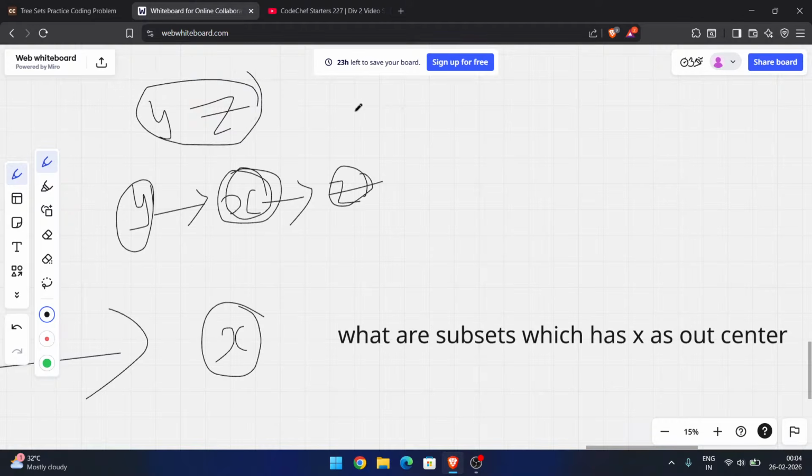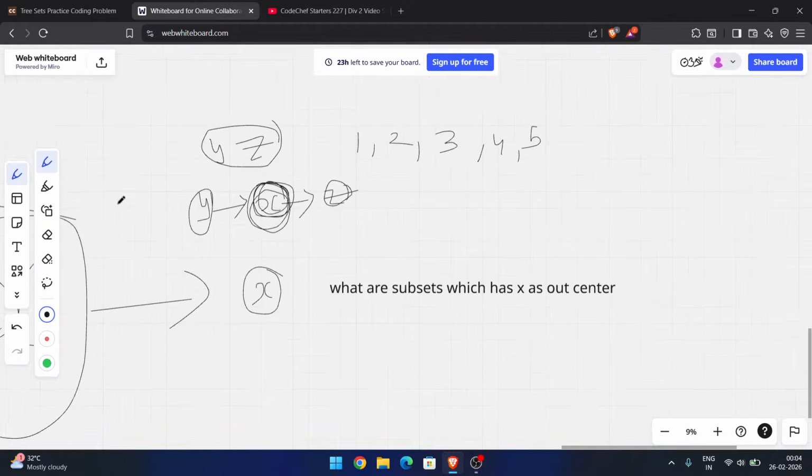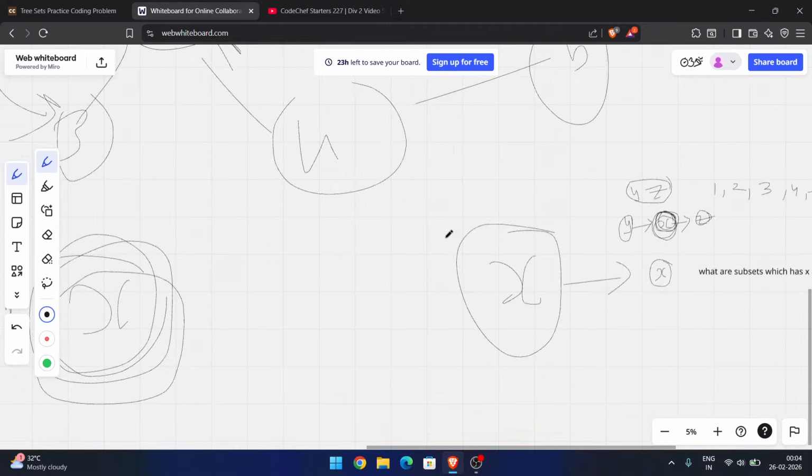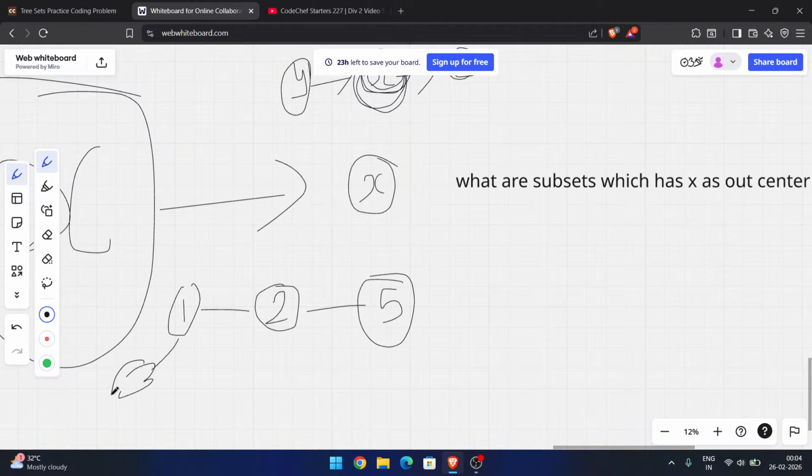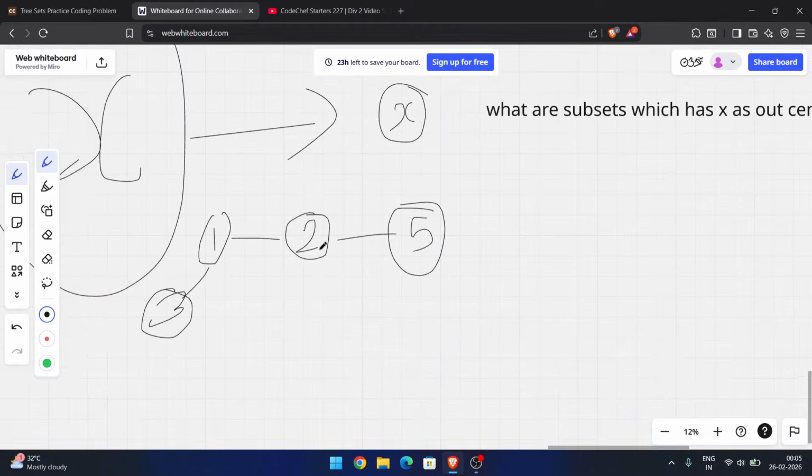If we are given some indices and have chosen them as a subset, then if we take any two as Y and Z, this X should be on its path. Let's take this as an example. If I look at this index, how many valid subsets will it give me?